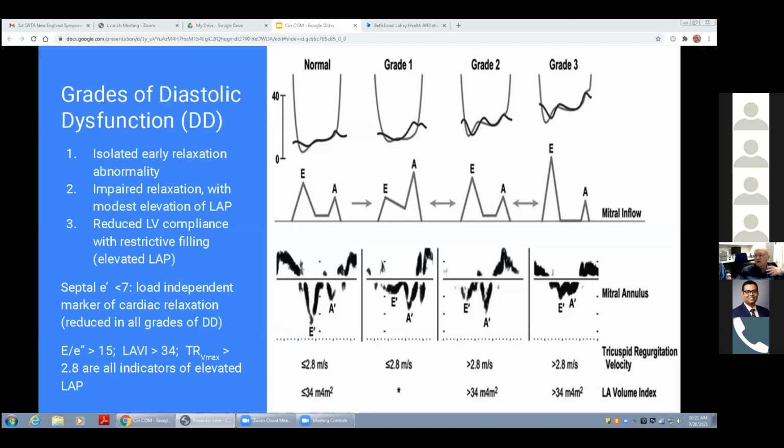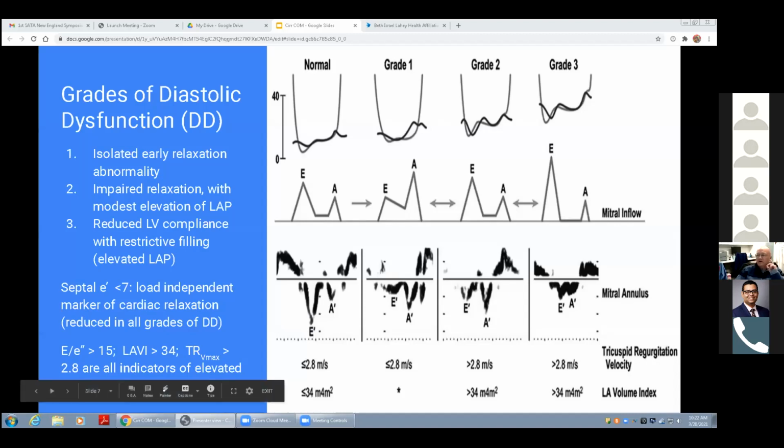The most important is the E prime, the tissue Doppler velocity of the septal leaflet of the mitral valve during the early phase of diastole. It is load independent and is of high velocity only in patients with normal diastolic function. E prime is decreased in all grades of diastolic dysfunction. So E prime is increased here in normal, decreased in all other grades of diastolic dysfunction.